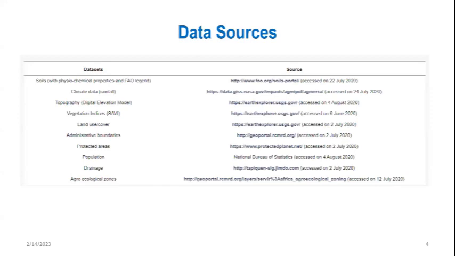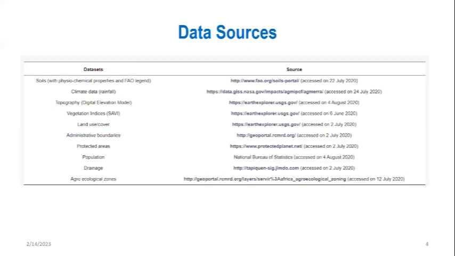Then you have the digital elevation model. This one we got from the USGS, but for the digital elevation model, like the SRTM data, you can also download it with QGIS, and from many websites that have SRTM data for different countries.